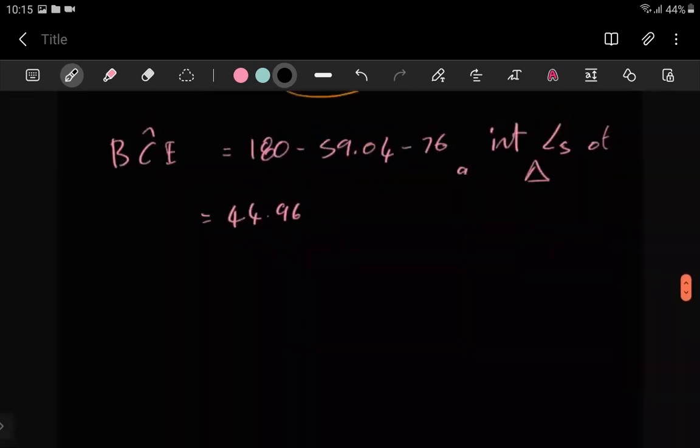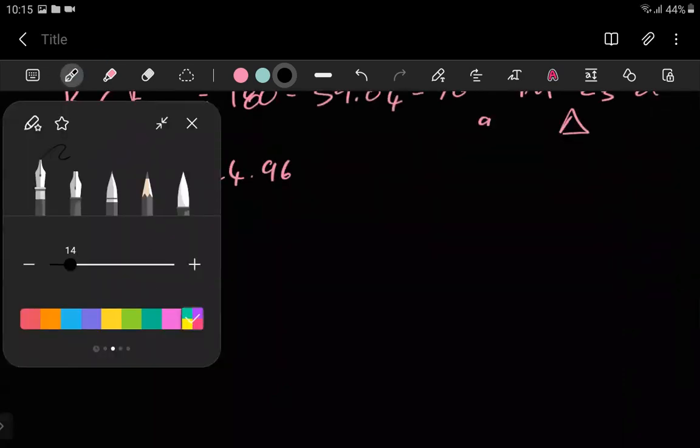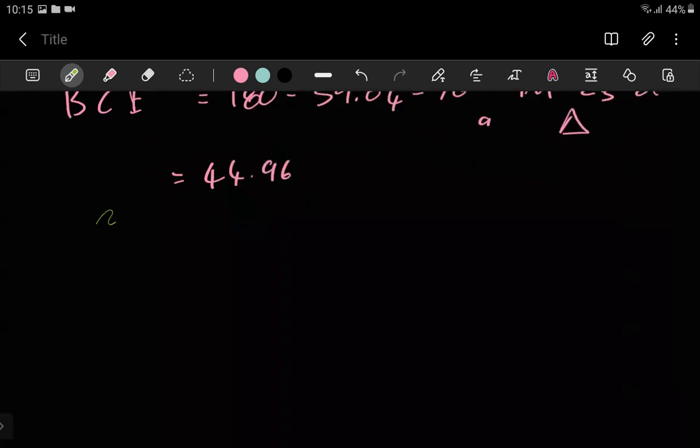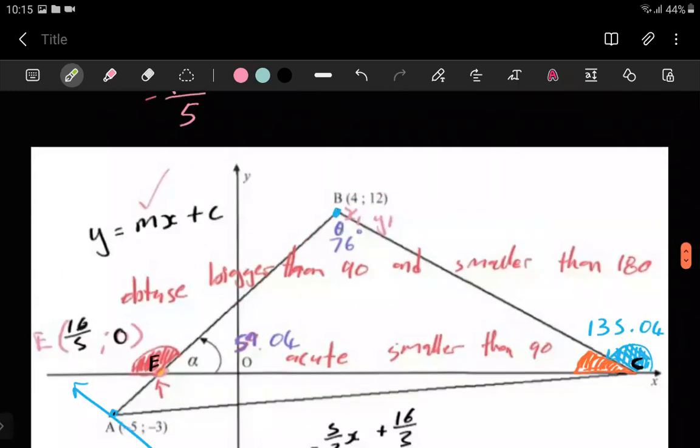If you're going to use the angle of inclination formula, you have to be very careful, because the angle of inclination formula works with the acute angle. Let me repeat.